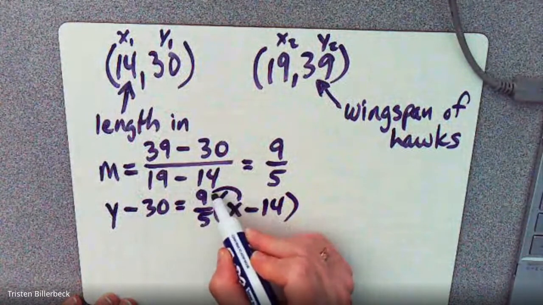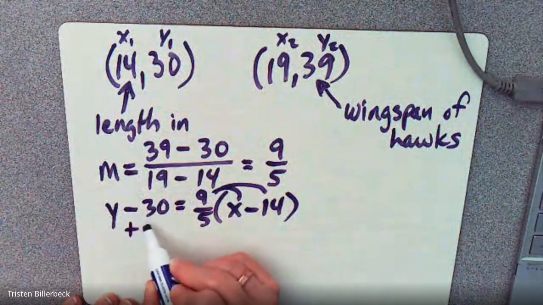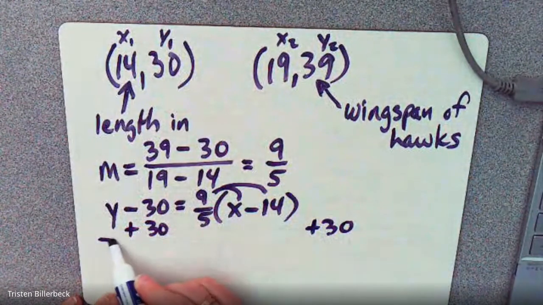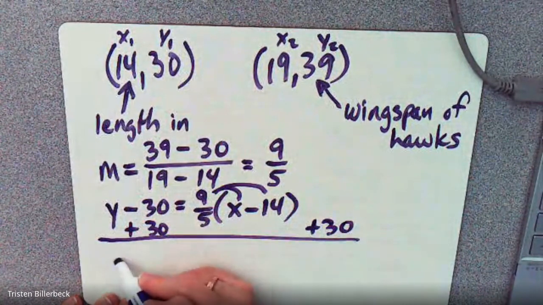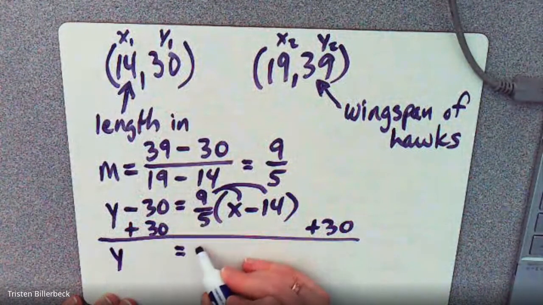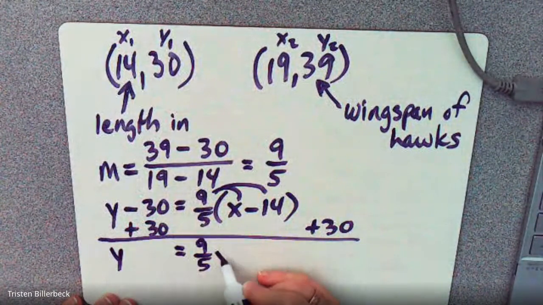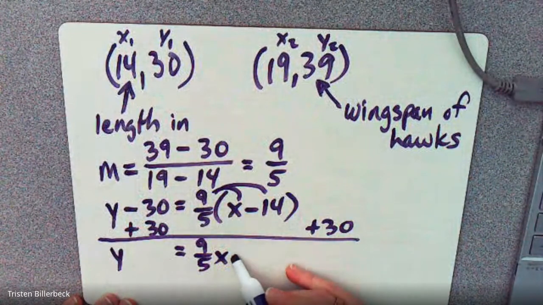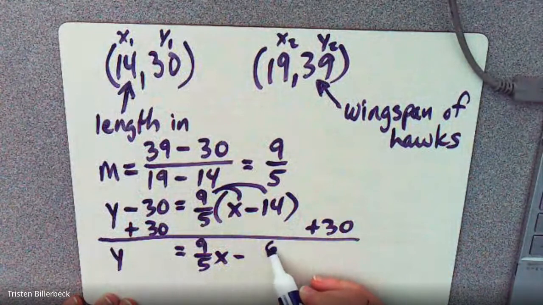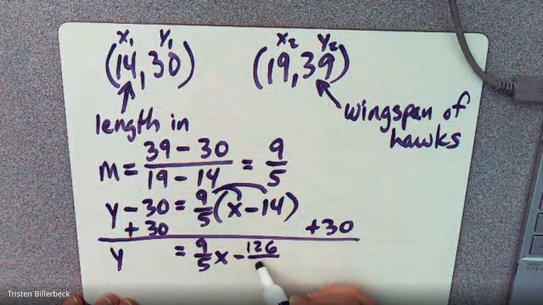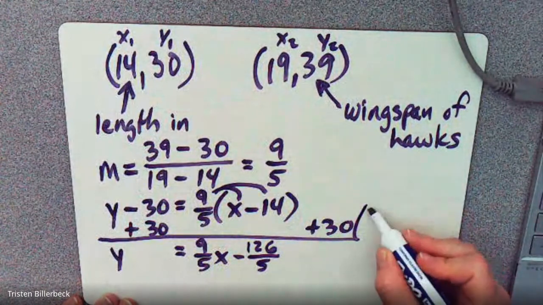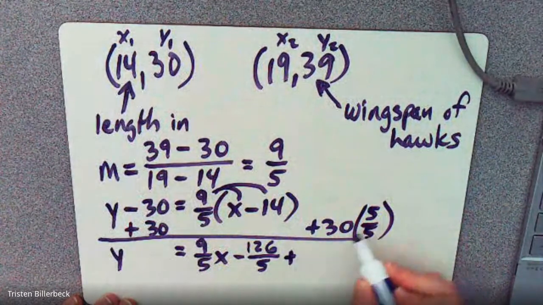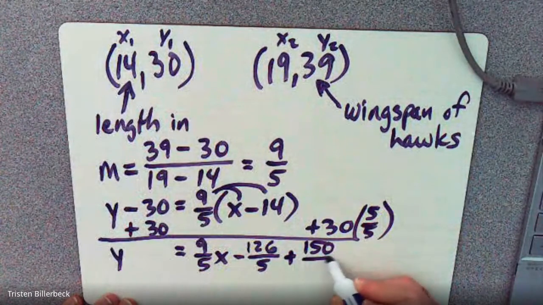We're going to distribute again, and we're going to add 30 to move it over here. So we have y equals 9/5 x, and that's going to be 9 times 14, so that's going to be minus 126 over 5. Let's go ahead and multiply this by 5 over 5 since we have a denominator there. So that's plus 150 over 5.